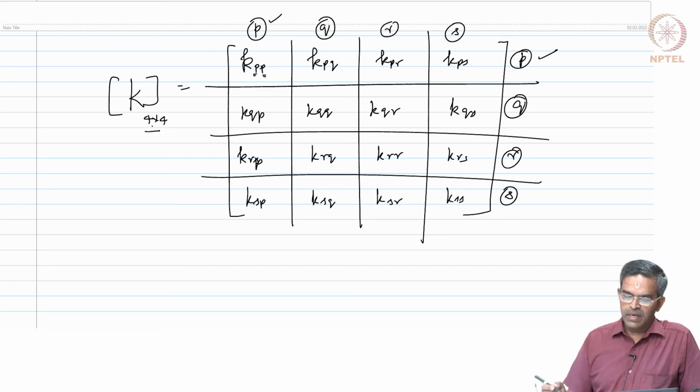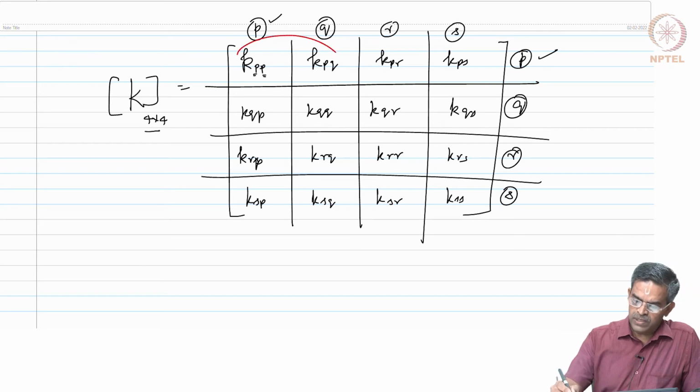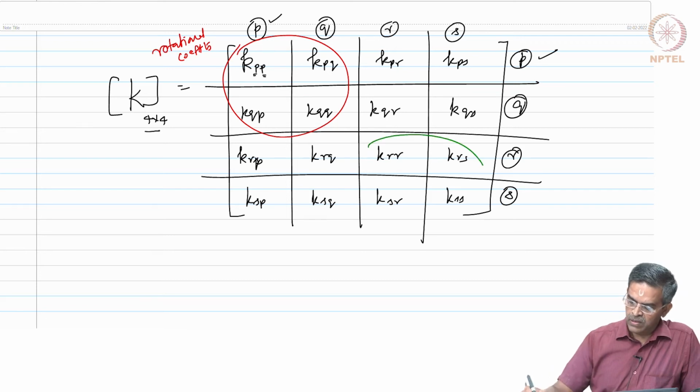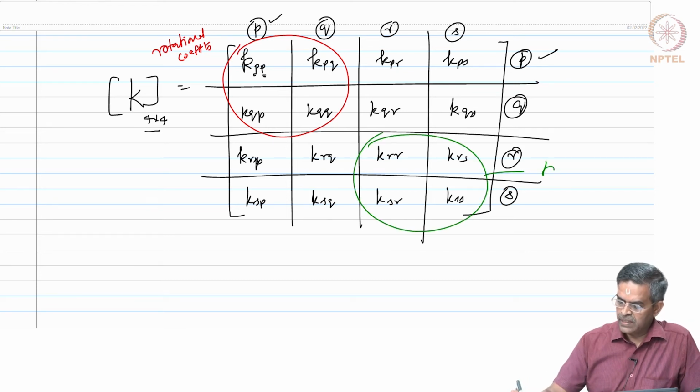Yesterday we learnt that these 4 coefficients are named rotation coefficients and these 4 coefficients are termed translational coefficients.